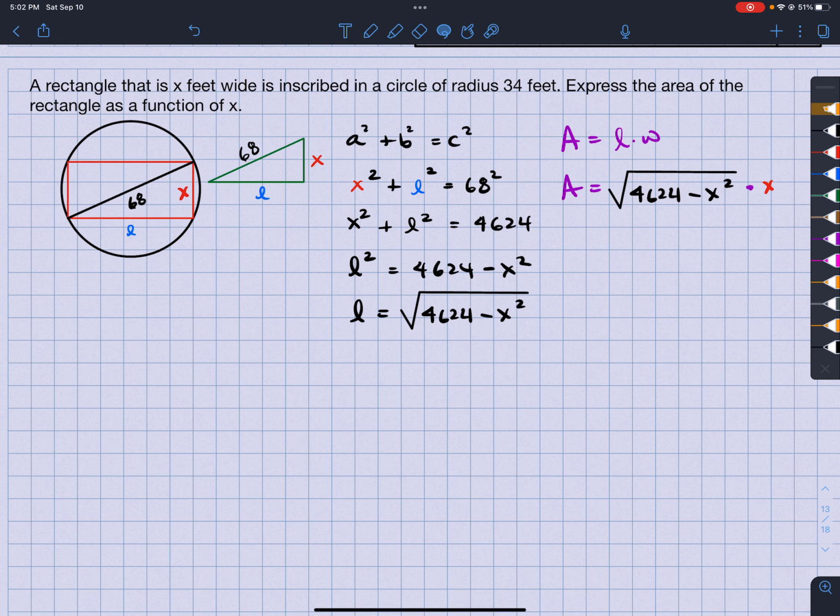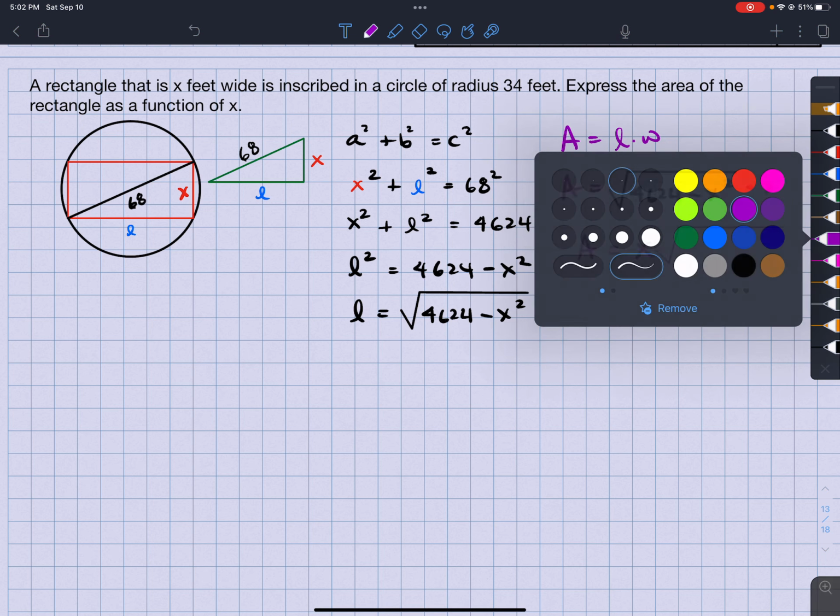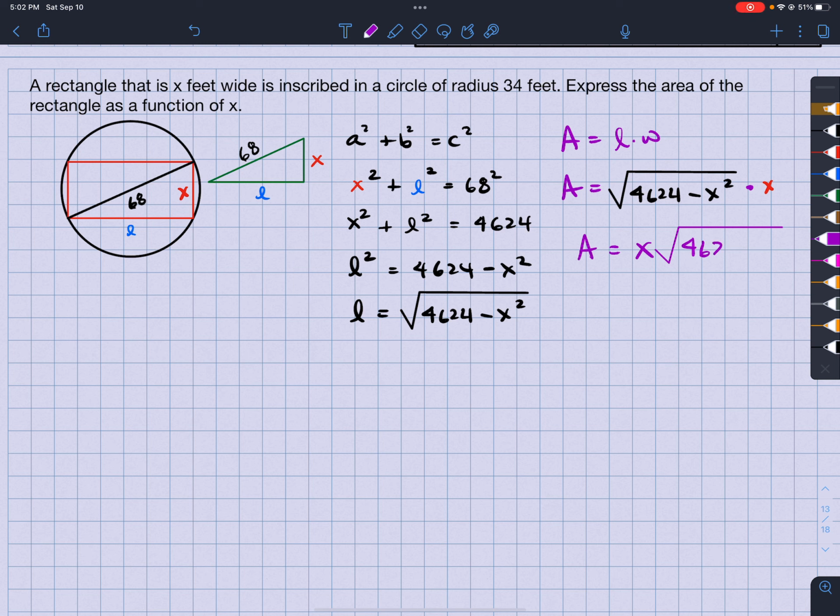So the area is just going to be the product of those two, x times the square root of 4624 minus x squared. And there we go. And that, ladies and gentlemen, certainly looks like choice A.